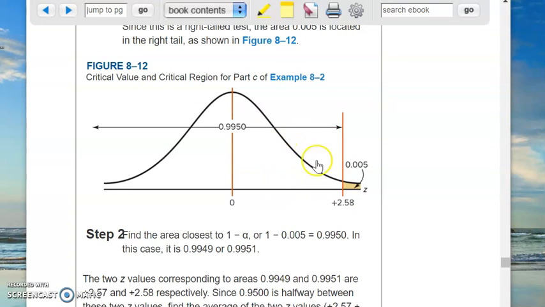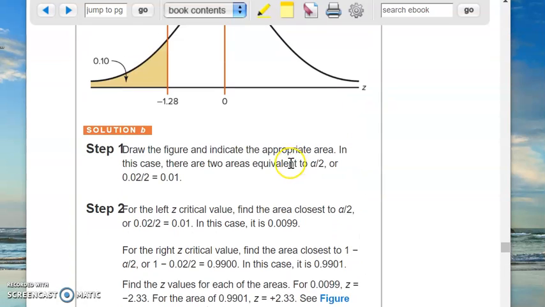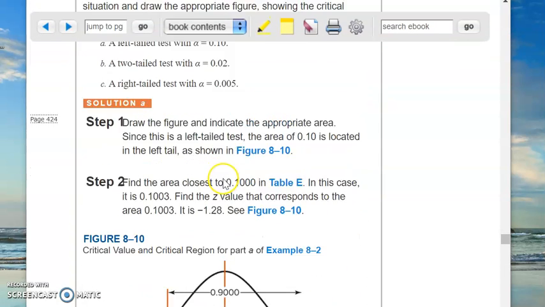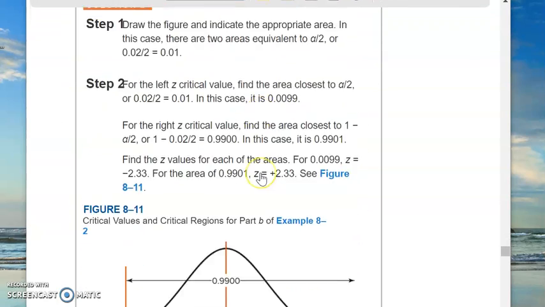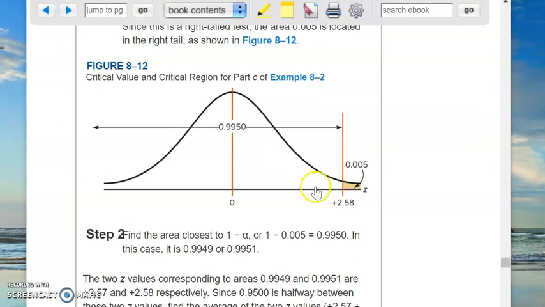The other critical value, we want it to be a one-tailed test, and we want it to be an alpha of 0.005. So, 0.005, half of that, or I'm sorry, we do not take half of that. The alpha is 0.005. So all of the error is over here.